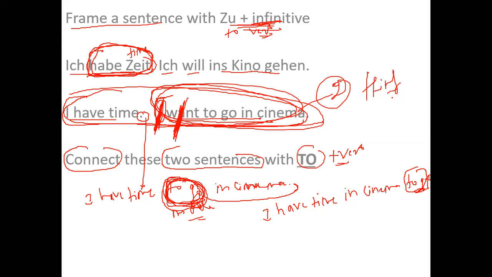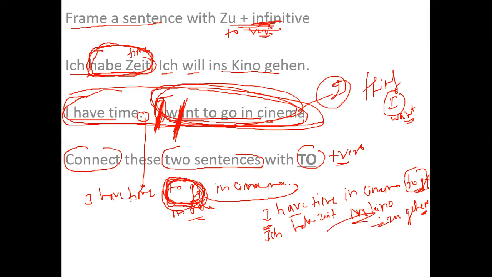So if I write in German, I is ich, have is habe, Zeit, ins Kino, zu, and then I should write gehen, because I must write the infinitive form and not a conjugated form. So this was about German.